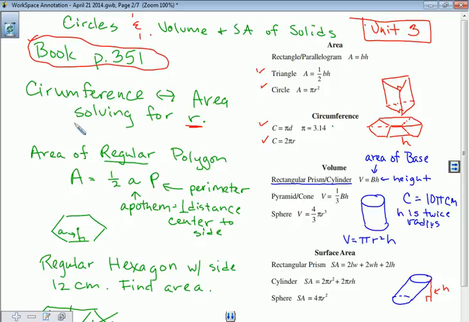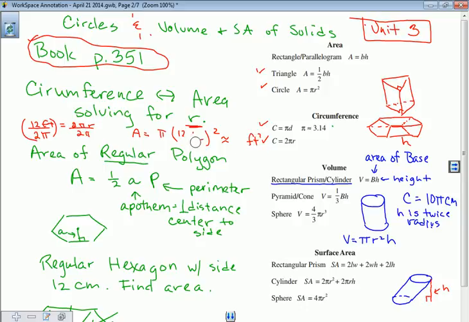So if it was 12 feet, we would set that equal to circumference, which is 2 pi r, and we would divide by 2 pi. We could leave it like this for the exact answer, and then area is pi r squared. So we could punch this right into our calculator and get the approximate square feet.